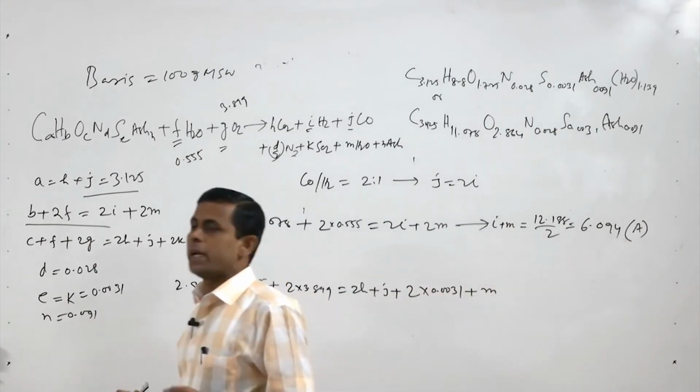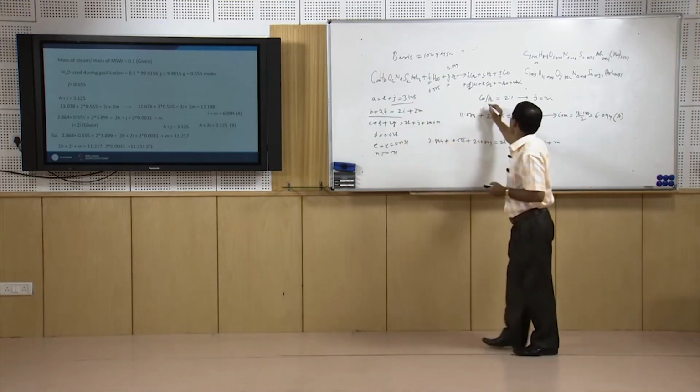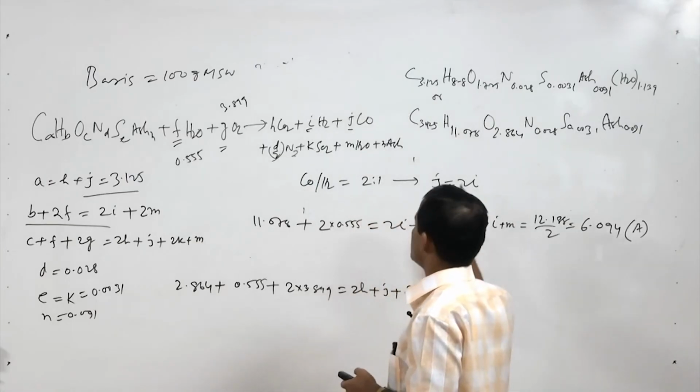And another expression we have here, that is CO by H2 equal to 2, or J equal to 2I.